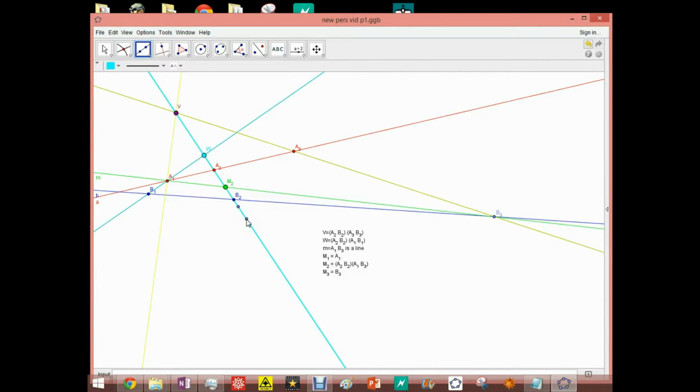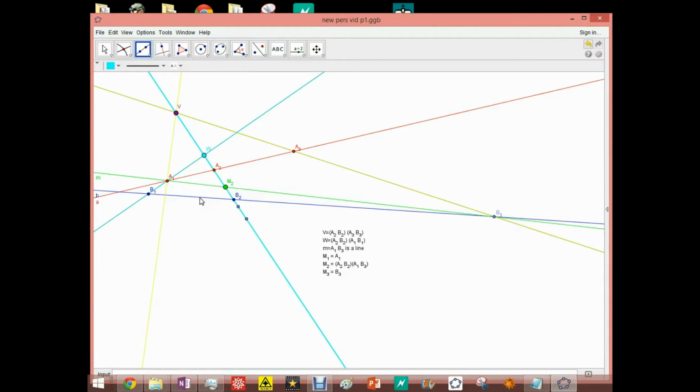And automatically, since M3 equals B3, M3 is automatically going to get sent to itself under this perspectivity of the line M. So, indeed, we get what we wanted, which is basically that V gives us our perspectivity from the red line A to auxiliary line M, and then W gives us our perspectivity from the auxiliary line M to the final destination line B. So that's it.